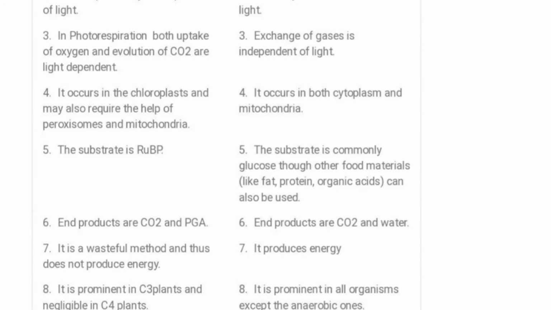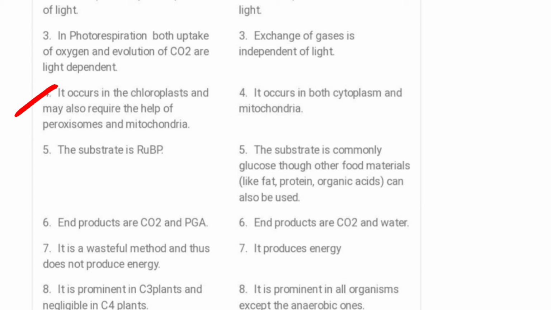The fourth difference is that it occurs in the chloroplast and may also require the help of peroxisomes and mitochondria. I have already told you, the process initiates in the chloroplast, which is the photosynthetic organelle, and it continues in the peroxisome and the mitochondrion.